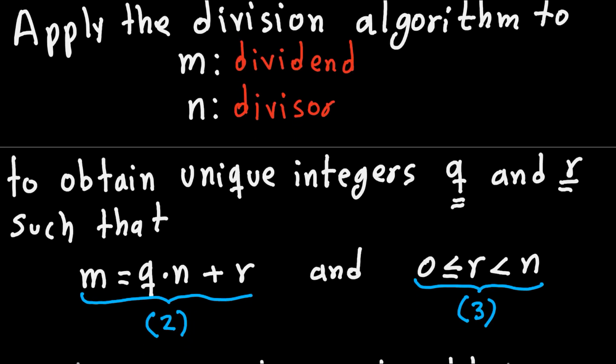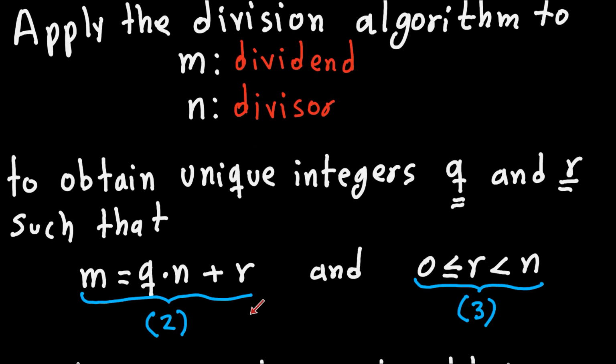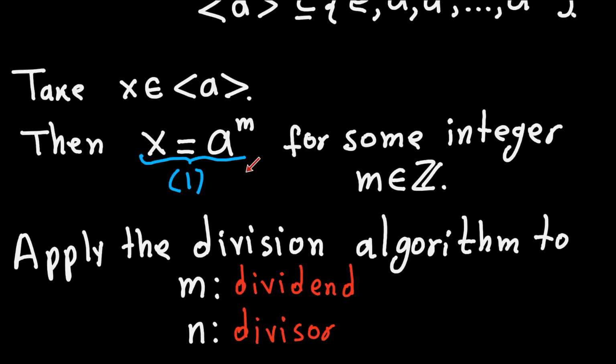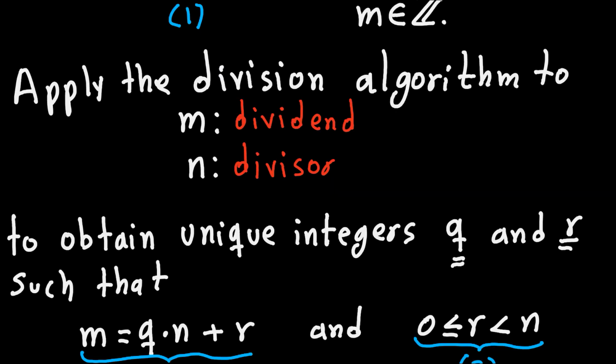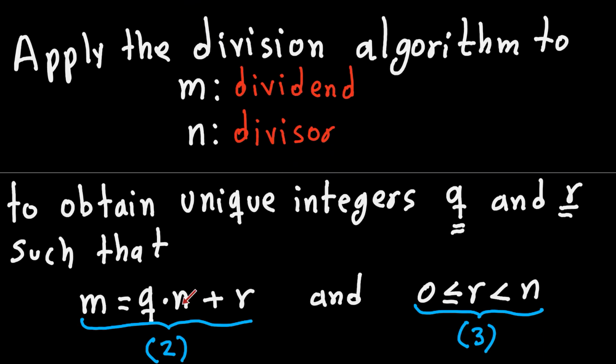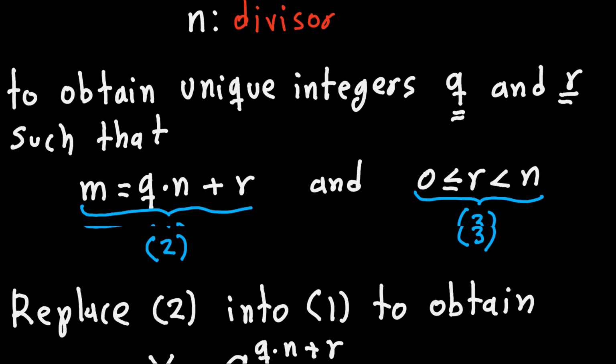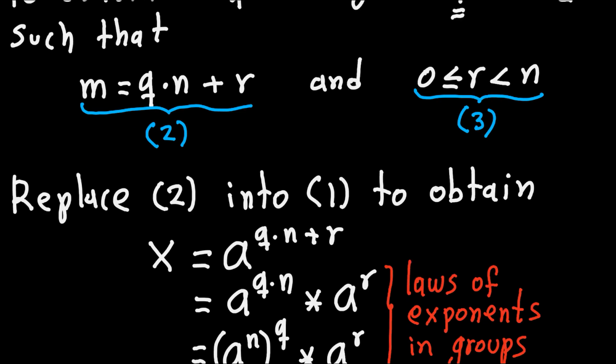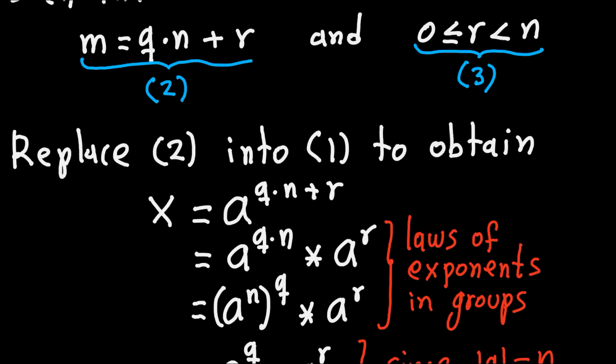We're going to take this expression number 2 and plug it into this one. So I'm going to replace m by q times n plus r. That's what I say here: replace 2 into 1. And we're going to obtain x is equal to a to the m, but I'm going to replace the m by q times n plus r.